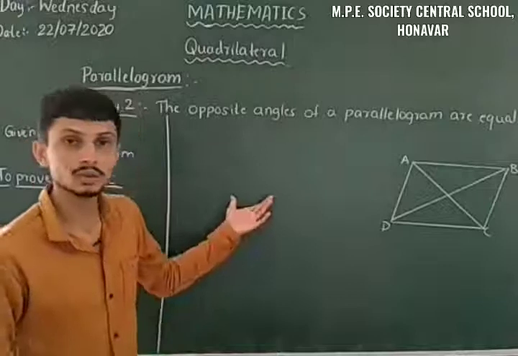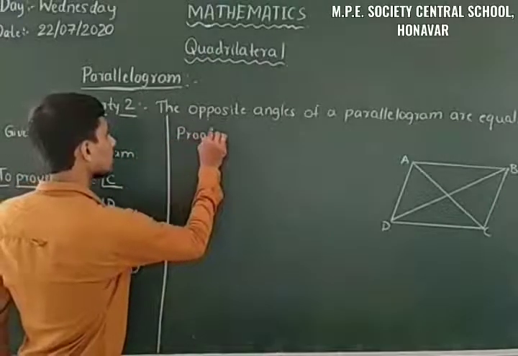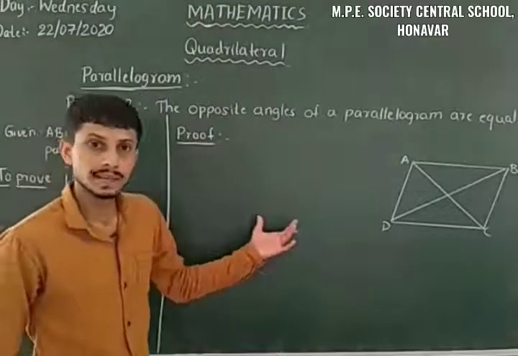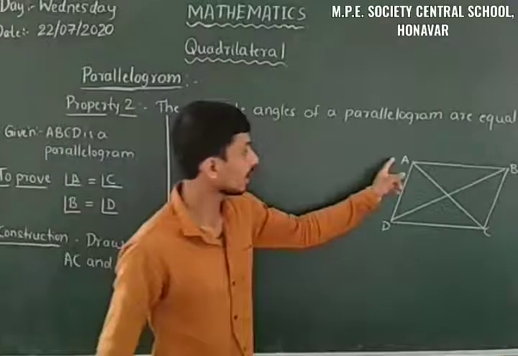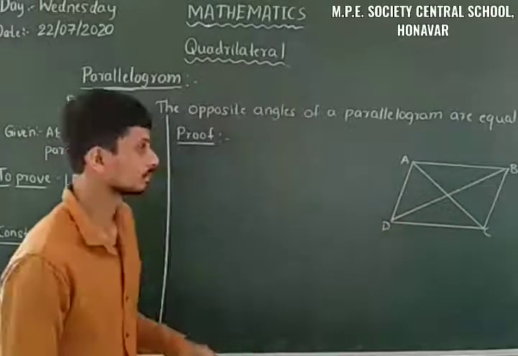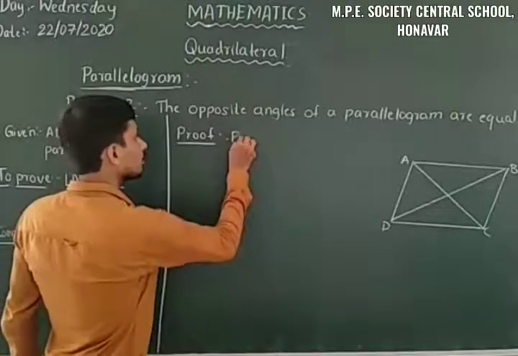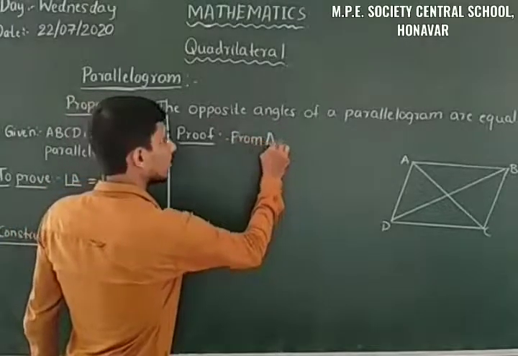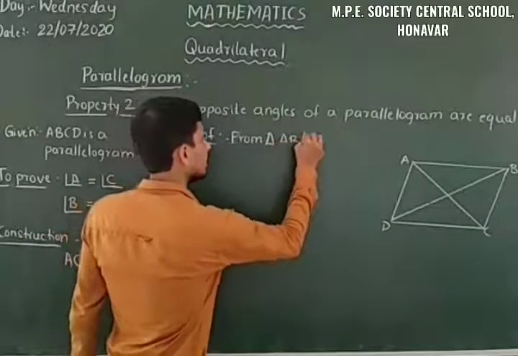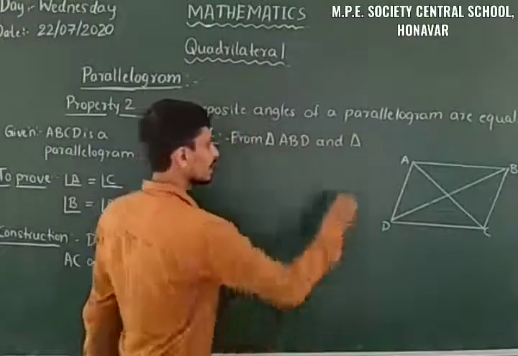Okay, so let us move on to the proof. Firstly we take the ASA criterion from triangle ABD and triangle BCD.